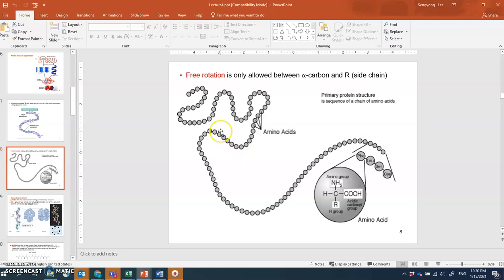Carboxyl and amino group linkage are very strong, but the side chain and hydrogen could rotate around on the other side. Although these two kind of stay put, these can wiggle around. So free rotation is happening on the side chain area. That's why if there's a cysteine there and another cysteine in close proximity, they can make disulfide bonds.